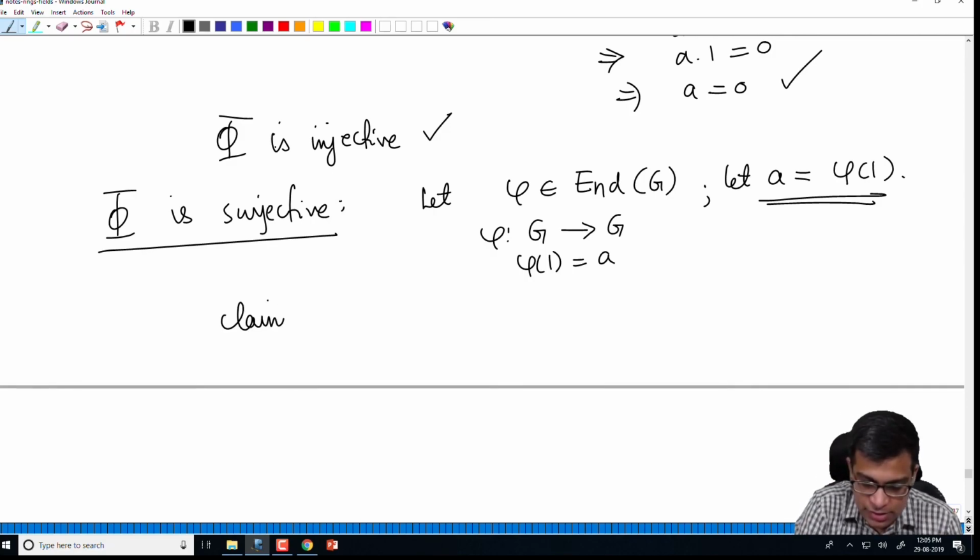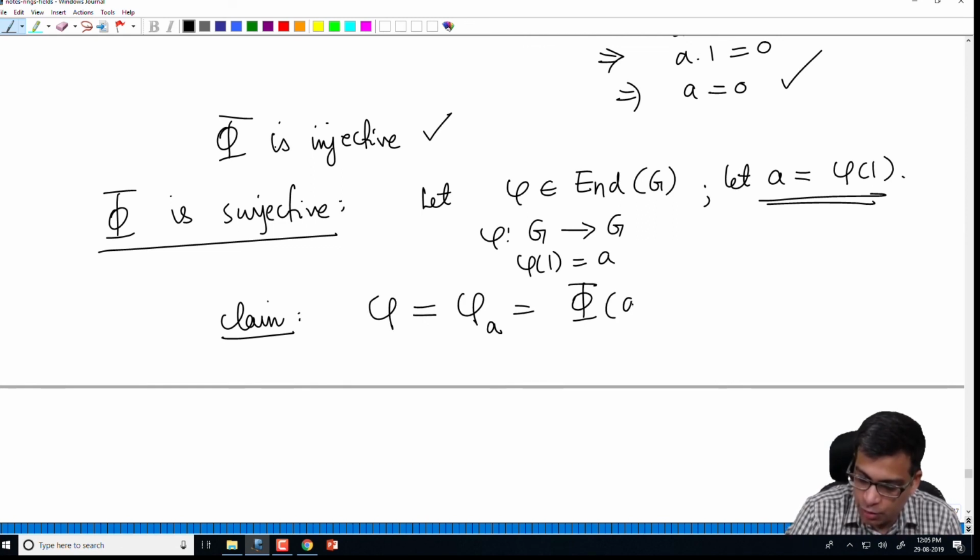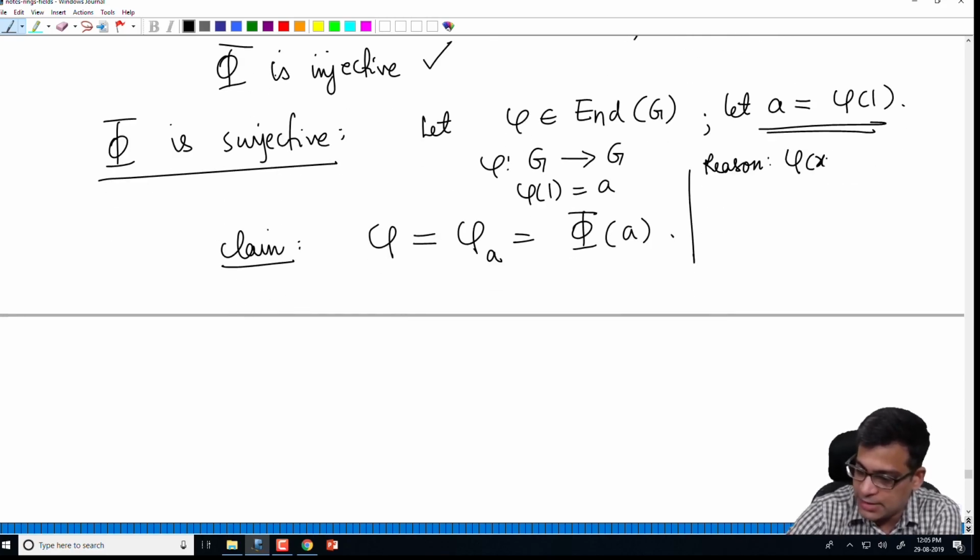So the claim is phi is actually equal to phi sub A, which is capital phi of A. Because why? The reason is phi of x is actually x times phi 1, which is Ax. But this is also same as phi A of x.